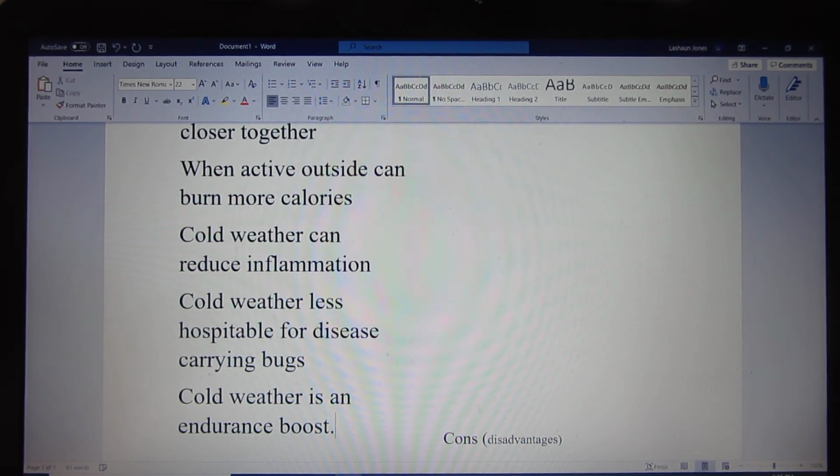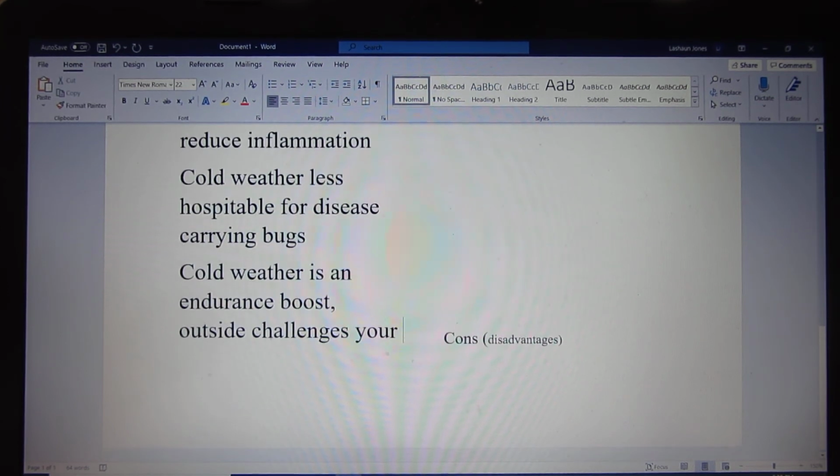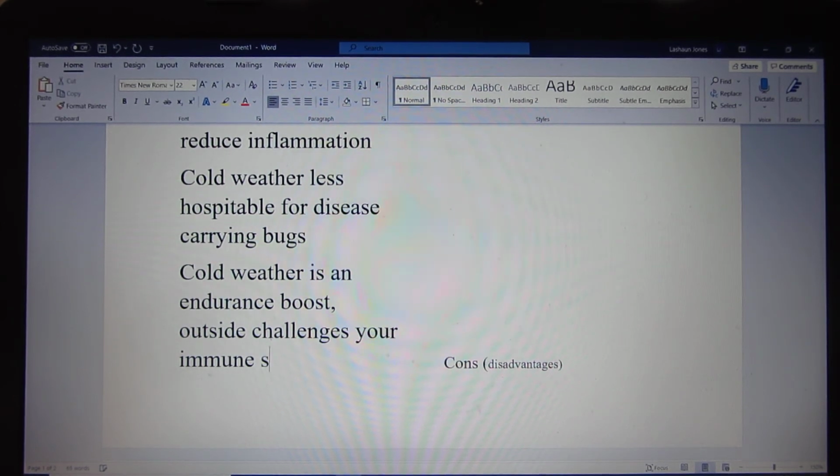It's an endurance boost, meaning outside activities challenges your immune system. I'm gonna take the screen up. Challenges your immune system.